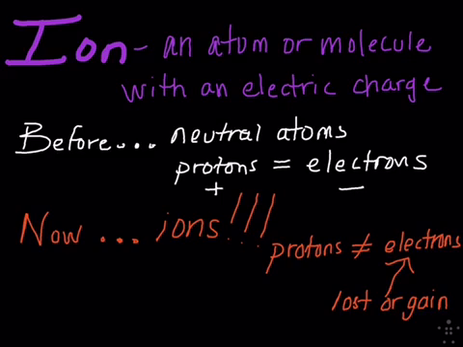If there are more protons, which have a positive charge, then that ion is going to be positively charged. But if the electrons are gained, that means we have more negative charges, so that ion is going to be negatively charged.